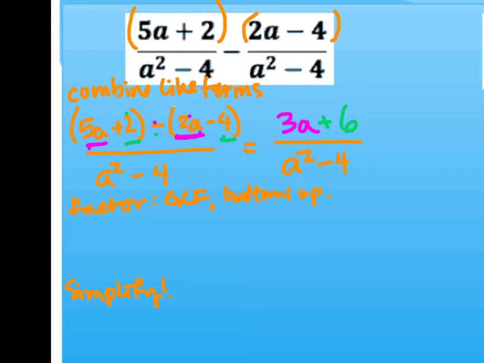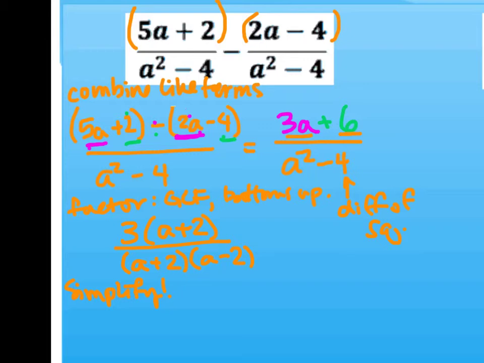So 3a plus 6, in here we have a common GCF of 3, so we can rewrite this as 3 times a plus 2. And on the bottom we have a squared minus 4, which if I think about this is a difference of squares. So I can rewrite this as a plus 2 times a minus 2.